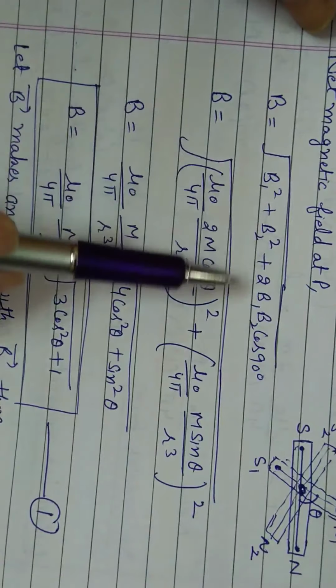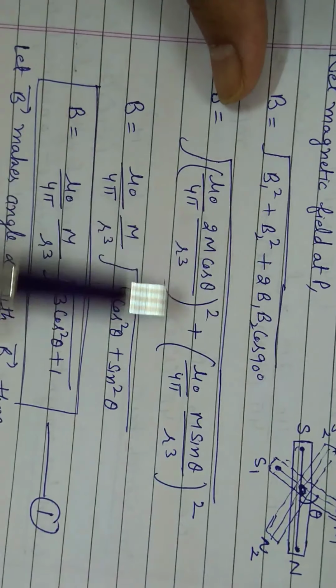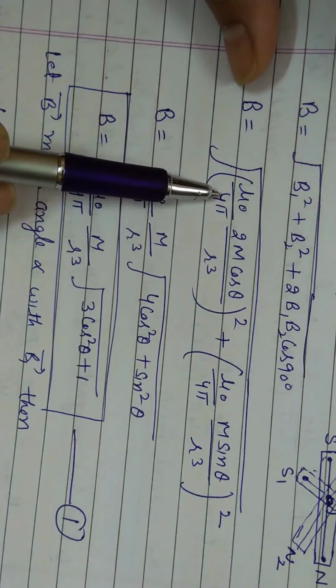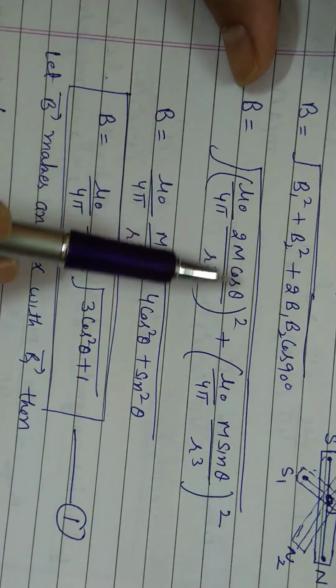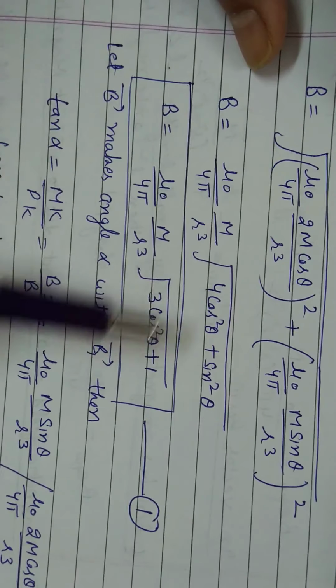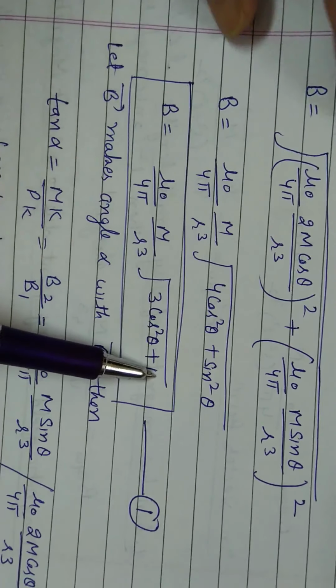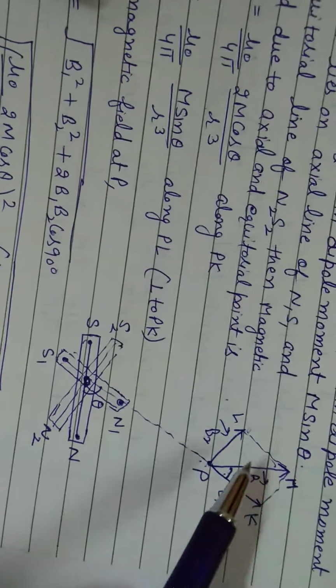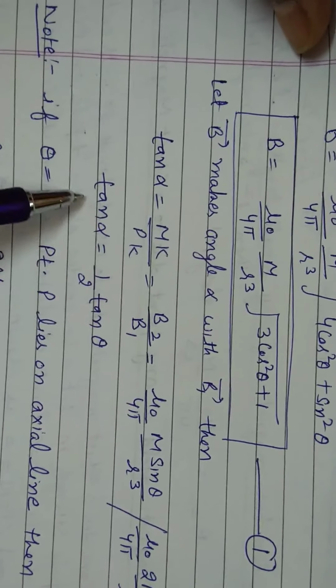Putting these values here, with the common values mu naught by 4 pi, M upon r cube, we find this value. Cos square plus sin square is 1, and we get this value. And if we find the direction again by the parallelogram law, then tan alpha is 1 by 2 tan theta.